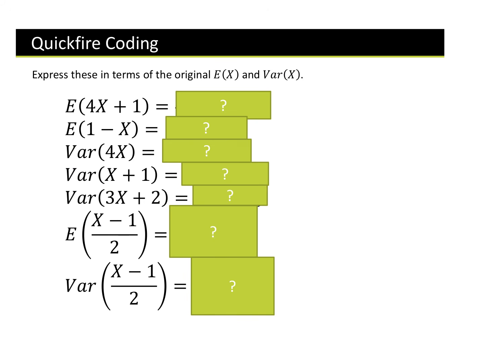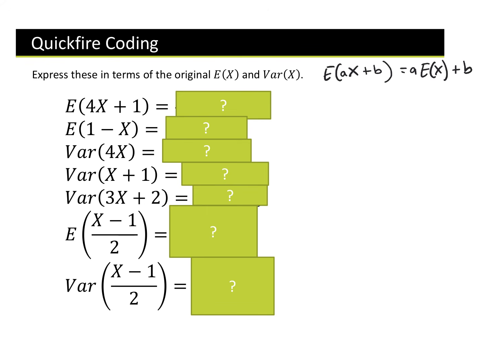Okay, so very quickly, with the rules of coding, if we have E of ax plus b, where a and b are constants, this is the same as doing a lots of our expected value and then adding b, okay?